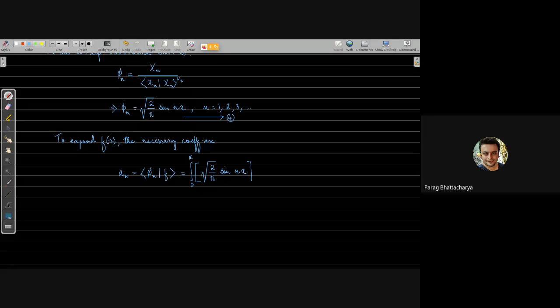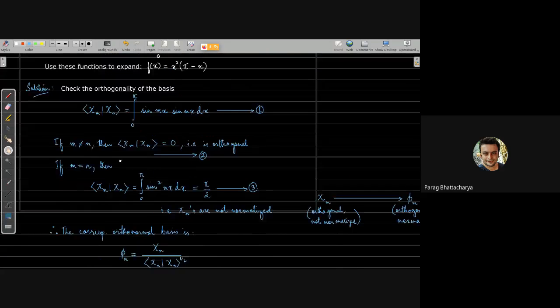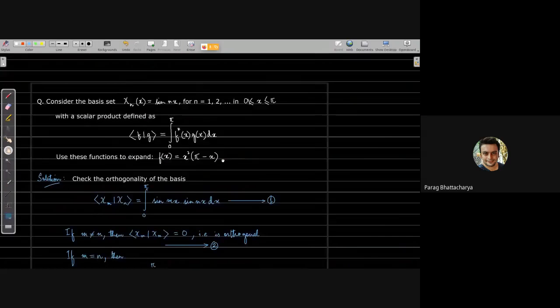And the second function is f, which is x square into pi minus x, into dx.